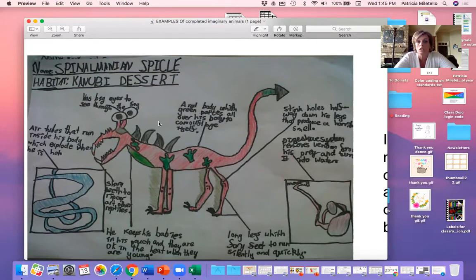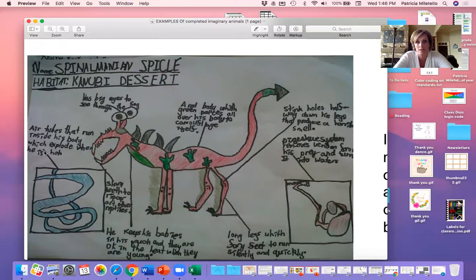One of the things really cool about this one, besides the details and all the words and how they did their best work on their drawing, is that this one has some boxes here that show you the insides, how there's adaptations that this animal has that can't be seen, that are inside of its body.